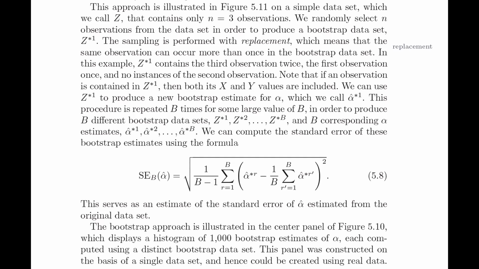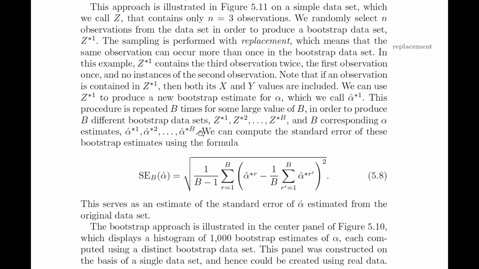Note that if an observation is contained in Z asterisk 1, then both its x and y values are included. We can use Z asterisk 1 to produce a new bootstrap estimate for alpha, which we call alpha hat asterisk 1. This procedure is repeated B times for some large value of B, and we would normally take, for example, 10,000, in order to produce B different bootstrap data sets from Z asterisk 1 to Z asterisk B, and B corresponding alpha estimates, these over here.